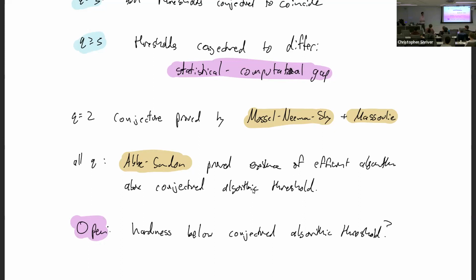One convincing piece of evidence would be reducing this problem to P versus NP. That's an enormous open problem, reducing average case complexity to an assumption like that. We don't know how to do that for any of these problems, but that would be the holy grail.